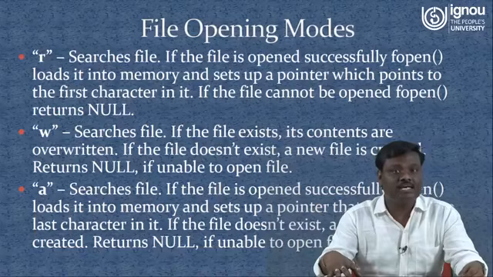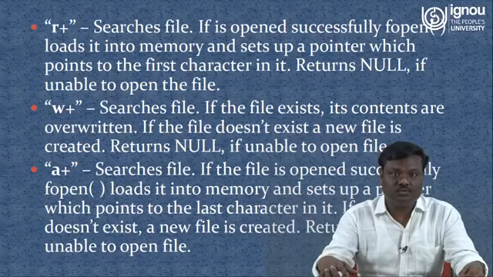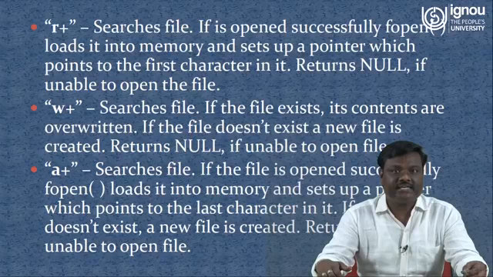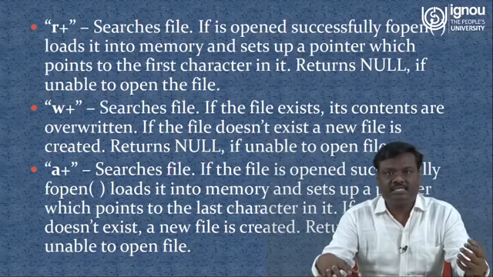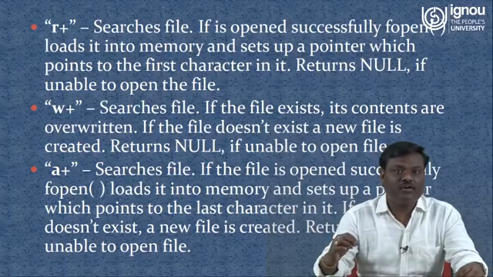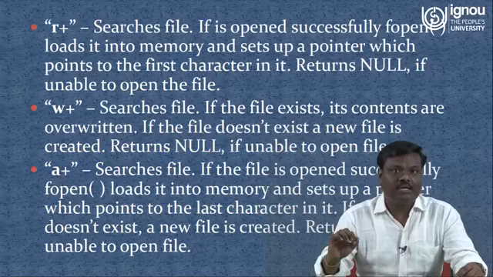So what other modes can we have? Those are R plus. If it is opened successfully, fopen loads it into the memory and sets up a pointer which points to the first character in it. It returns null if unable to open the file. Then there is W plus and then A plus. So these are the six varieties of modes that we can insert as the second argument in the fopen function.